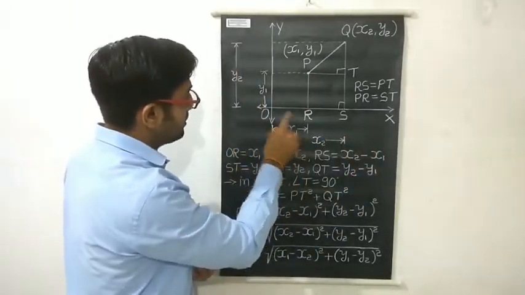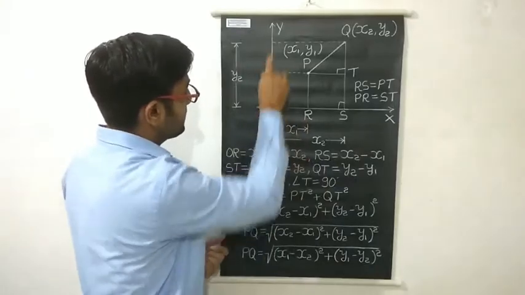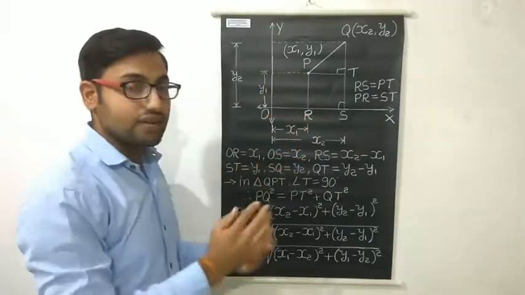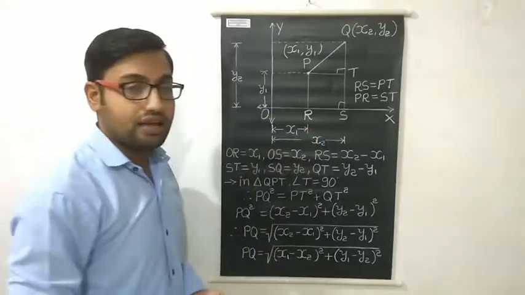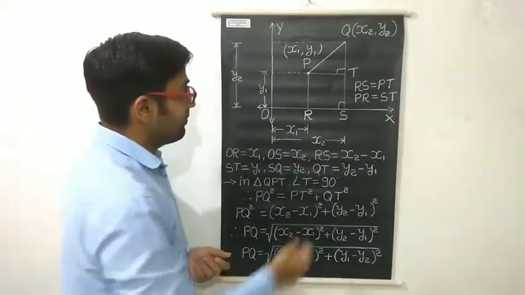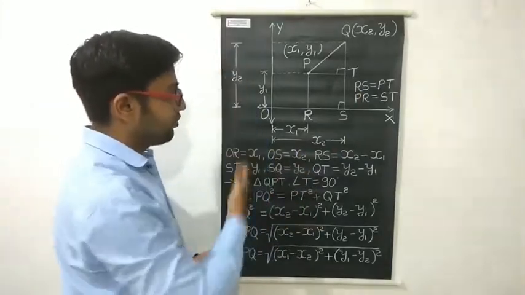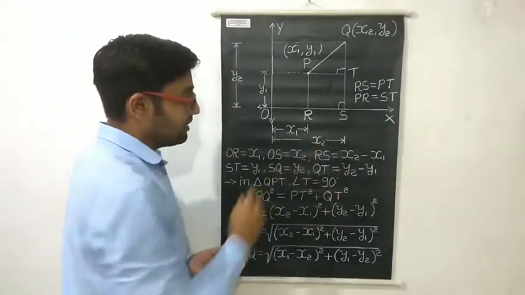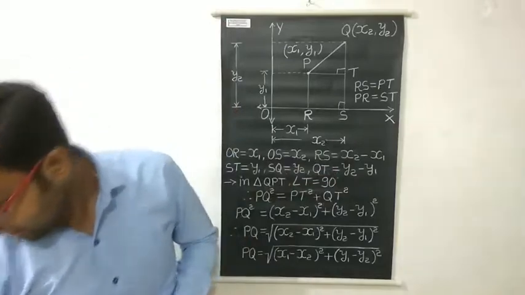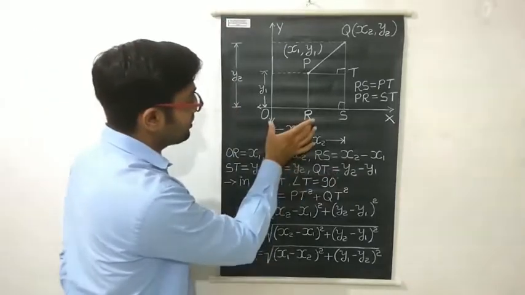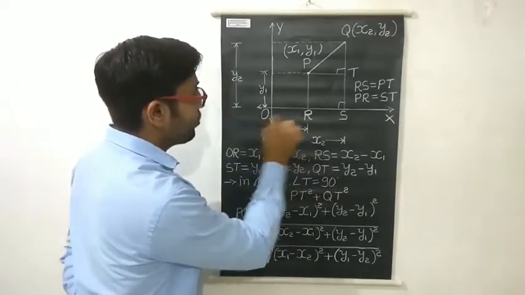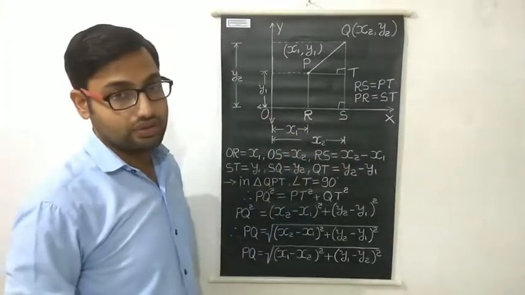So the distance from O to R and from the y-axis to P is equal, and that is x1. In the same way, Q and S are both at equal distance from the y-axis, and that distance is x2. So we have OR equals x1, OS equals x2.